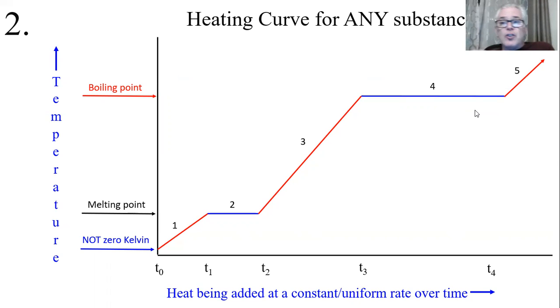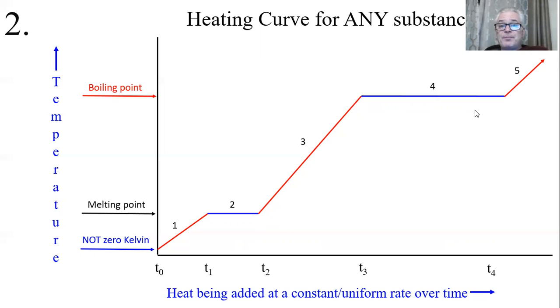All of the energy is used to shake the solid apart into a liquid. And at T2, at the end of the blue line for number 2, that's when all of the solid has become a liquid.